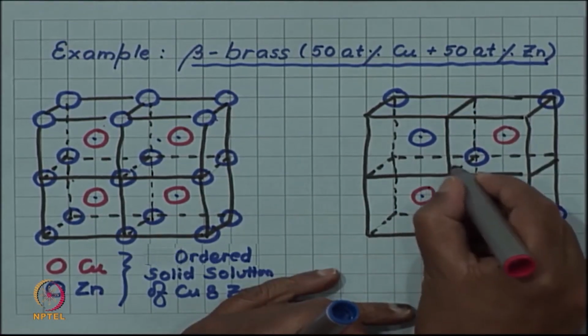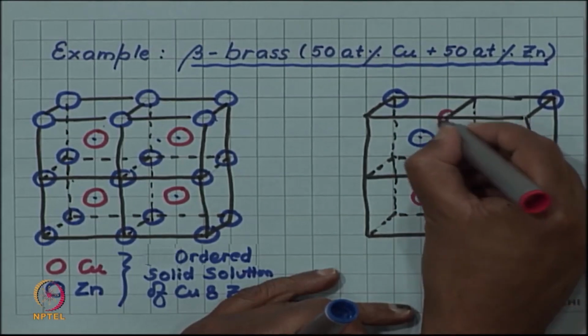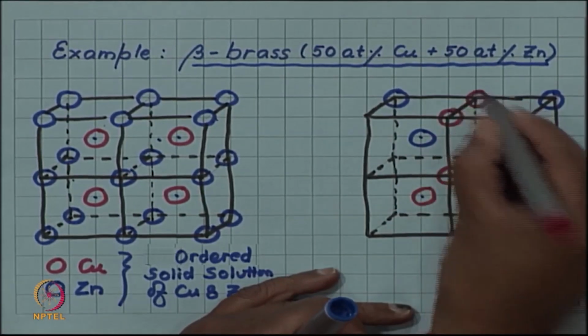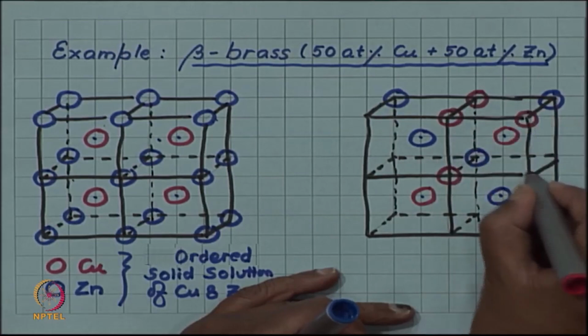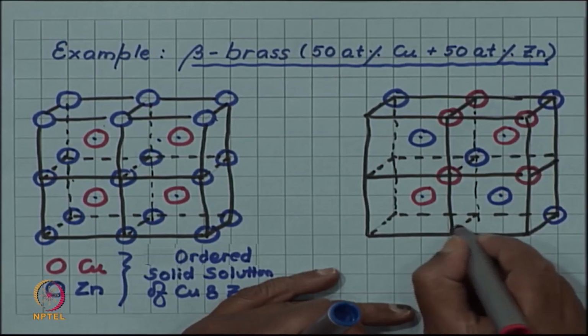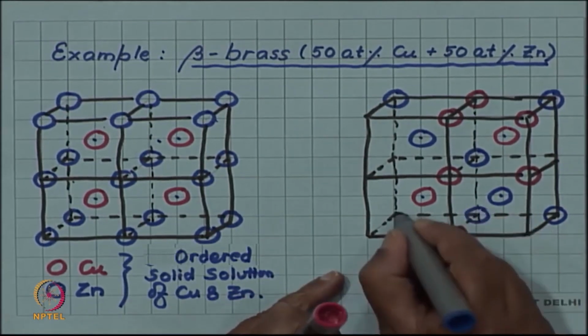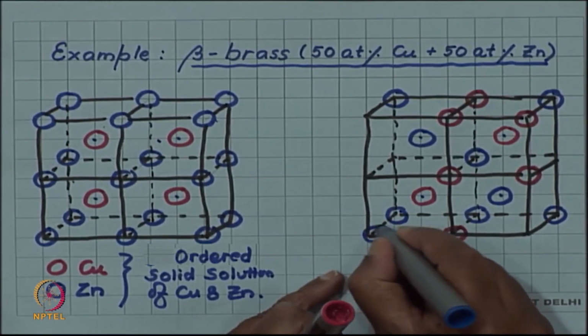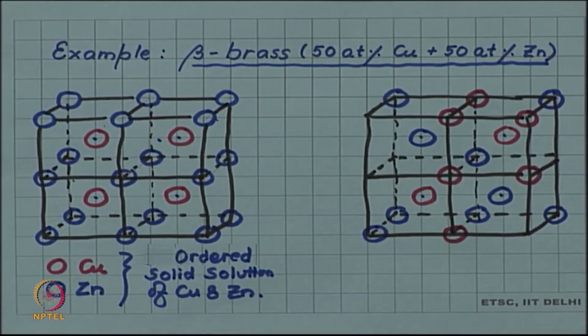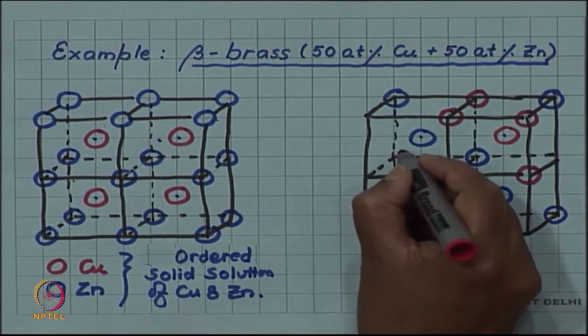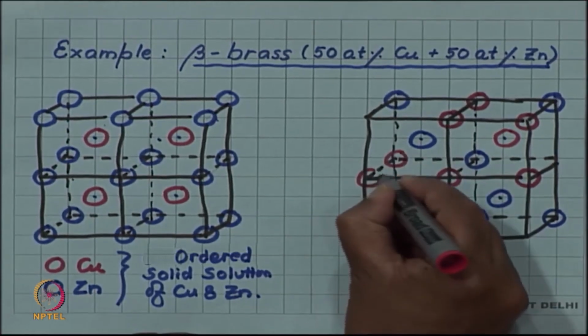So, there is no systematic ordering, and some corner sites also are competitively filled by both these atoms. So, we do not have any such order in this example, which we had seen in the left example.